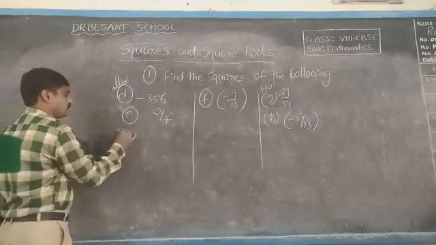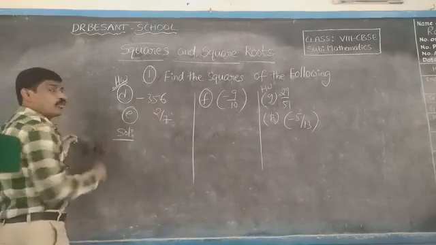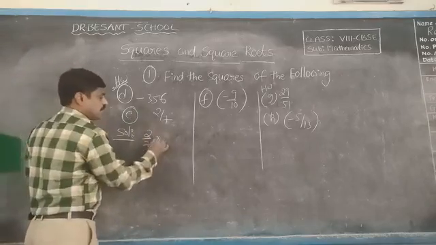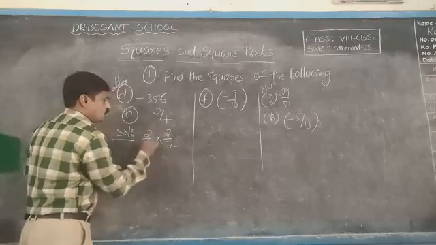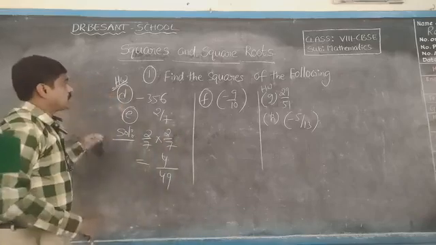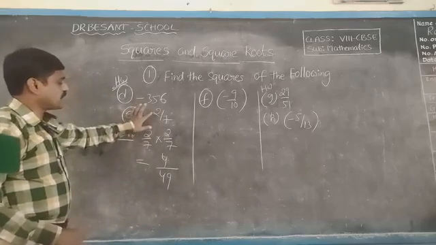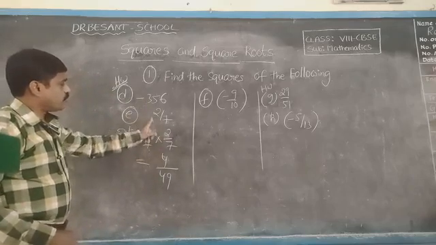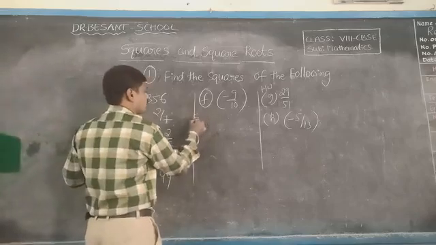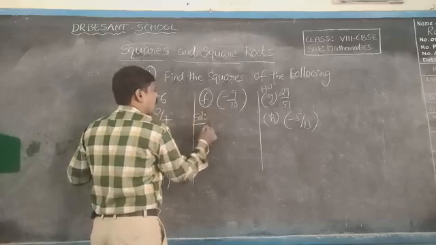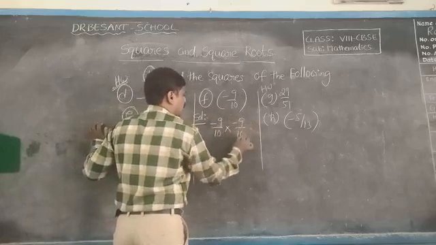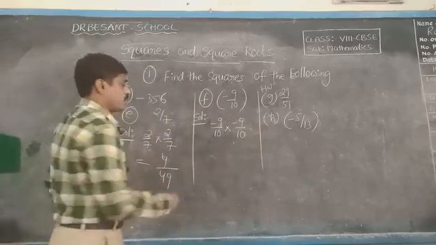This one, 2 by 7. So 2 by 7 into 2 by 7. 2 twos are 4, 7 sevens are 49. So the square of 2 by 7 is 4 by 49. Next, minus 9 by 10 into minus 9 by 10.